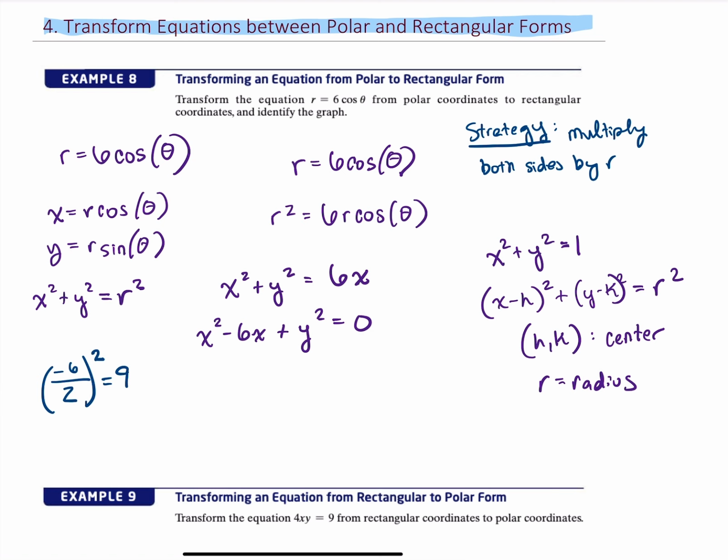So we're going to add this number, +9, next to our x terms. But since we're adding to the left side of our equation, we need to also add it to the right side.